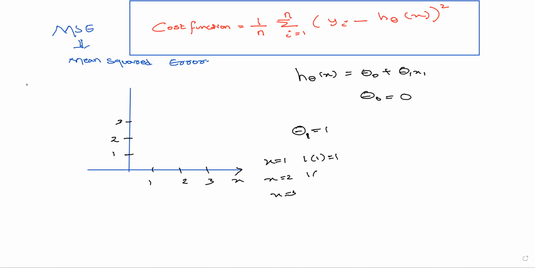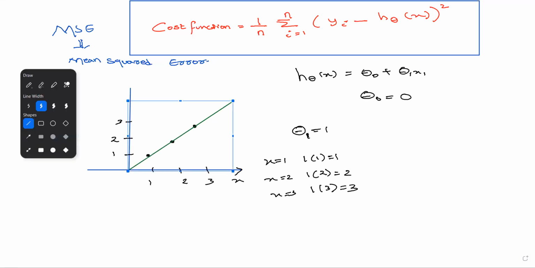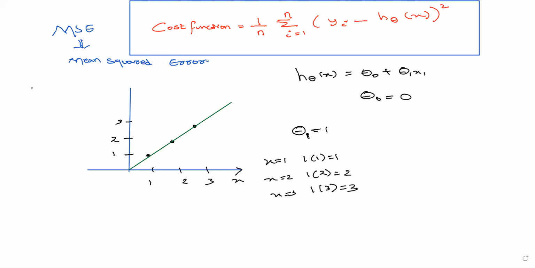Similarly, 1 multiplied by 2 is 2, and 1 multiplied by 3 is equal to 3. So it generates 1, 2, 3. Clear? Then the line will be drawn like this.